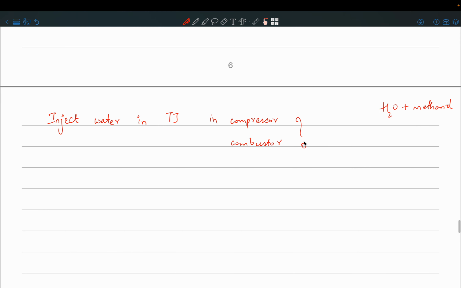How? Yeah, efficiency increases, work output increases, but how? Yeah, it is one of the thrust augmentation methods as you are pointing out. So I'll write this word here, but I have not got a satisfactory argument yet.